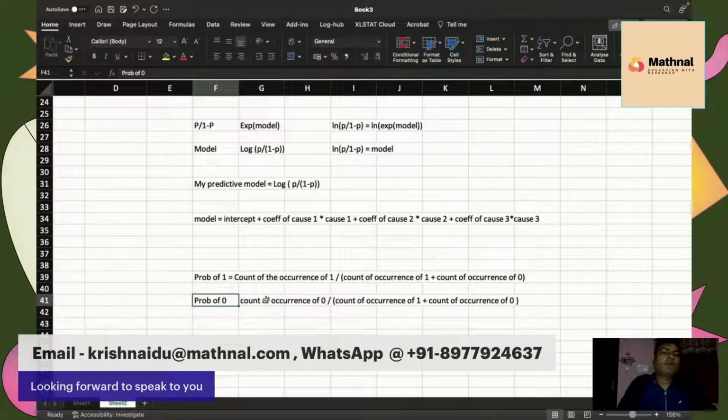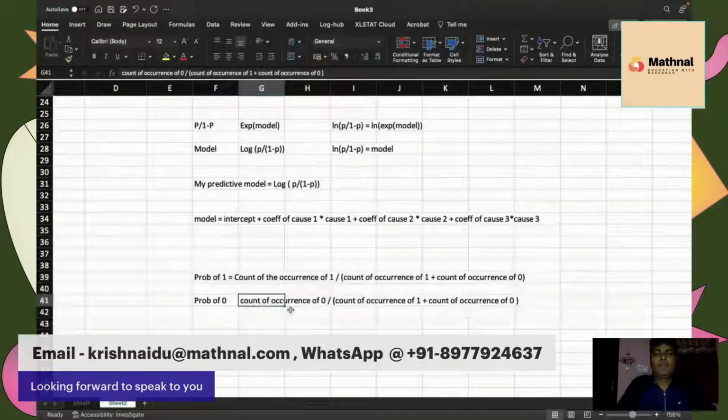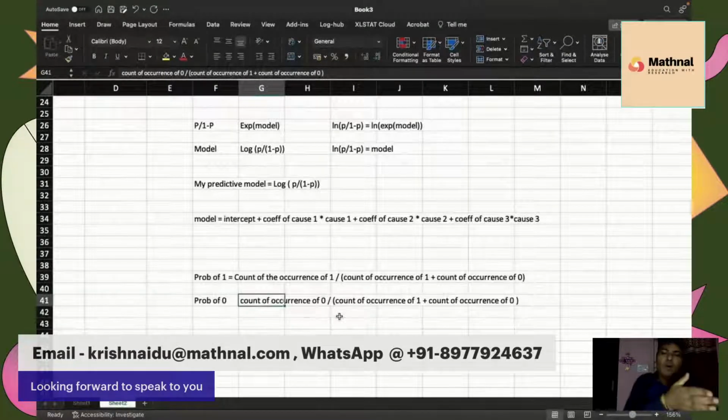So whatever is the target for which we are finding the probability, that particular occurrence count will be in the numerator, and the denominator will be the count of occurrence of all the possible outcomes.